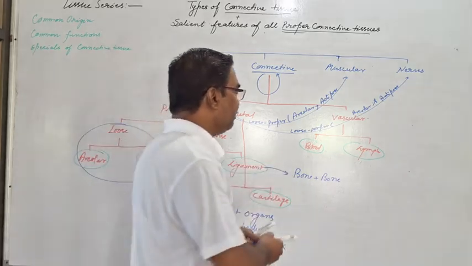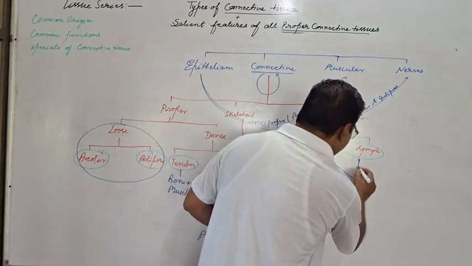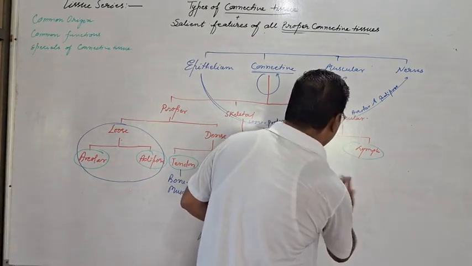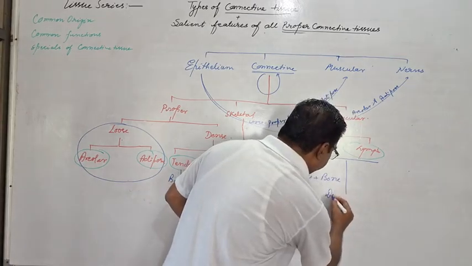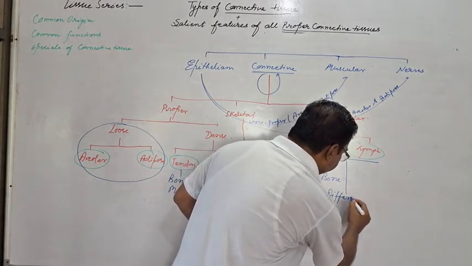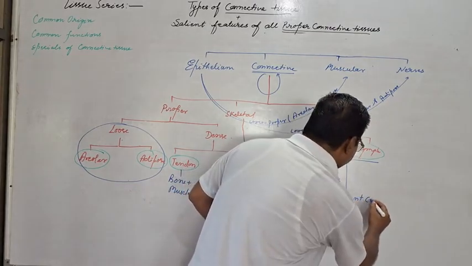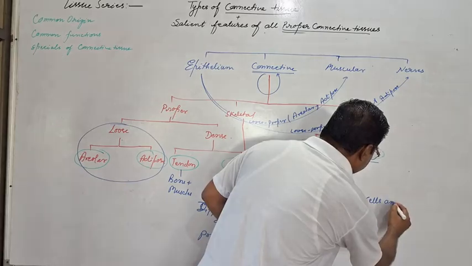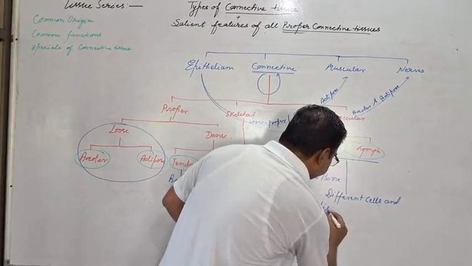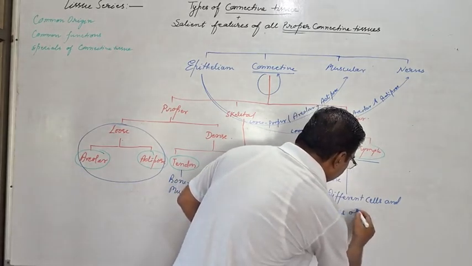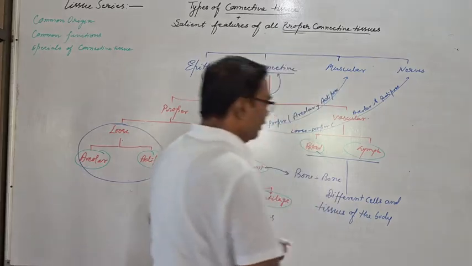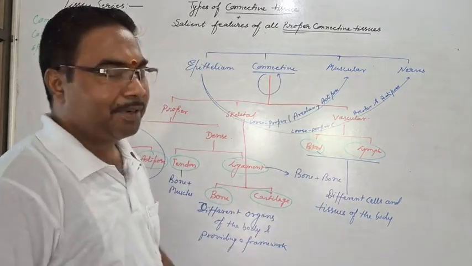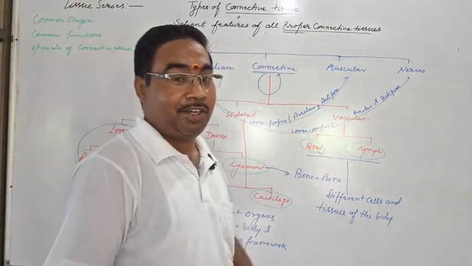Now blood and lymph, these two are also connecting different cells and tissues of the body. You know that blood and lymph are part of the vascular system.